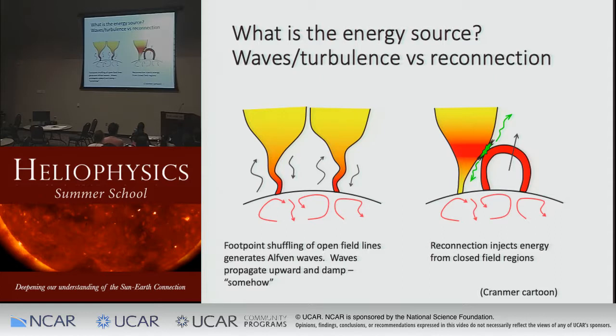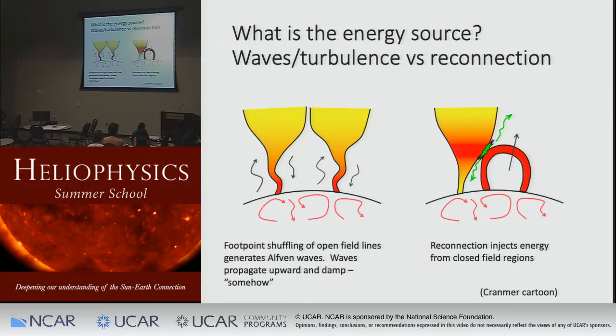You have already heard about the solar dynamo. The dynamo generates magnetic field in the convection layer of the sun, and those magnetic field lines come up. The magnetic field lines that emerge through the photosphere are shuffled around by the convection motion. So the boiling motion of the photosphere shuffles those foot points around, and those magnetic field lines launch Alfven waves out into the corona.